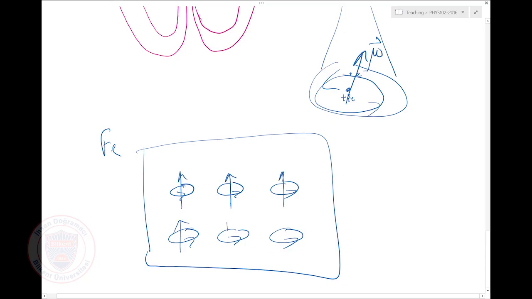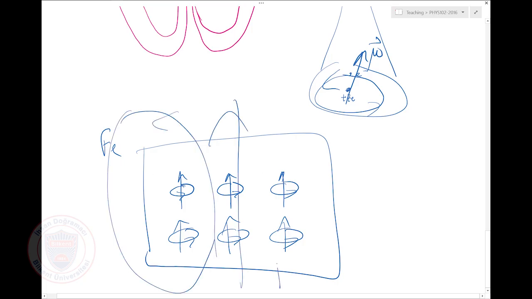And if you tell the atoms to align once, they will remember that. So you can magnetize iron and you will actually create a nice magnetic field because of these atomic currents.